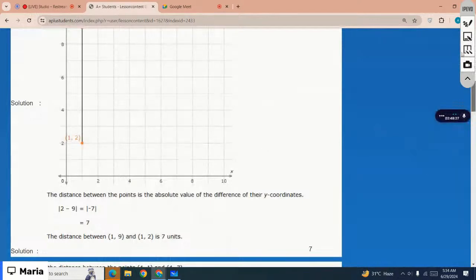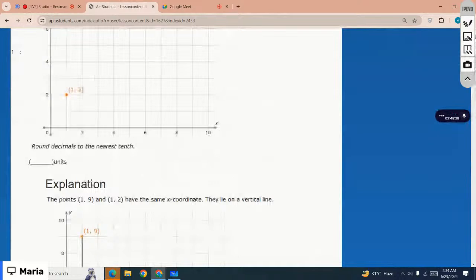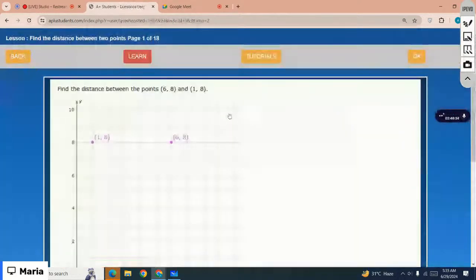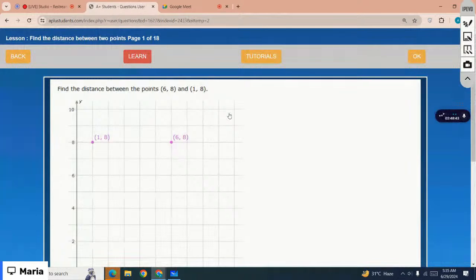Let's just start with the test questions. Find the distance between (6, 8) and (1, 8). Which is the correct option? They have the same y coordinate, right? So simply subtract their x coordinates.